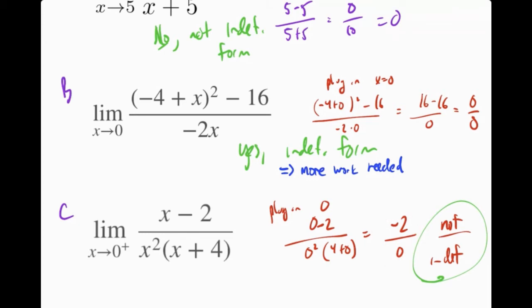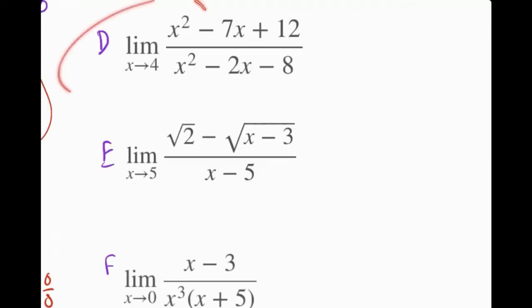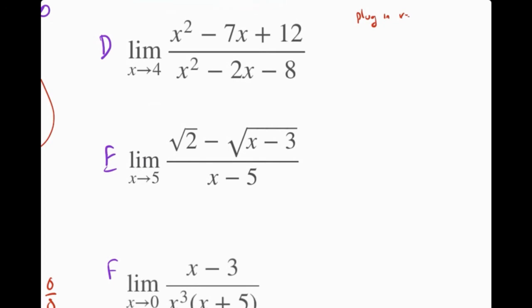Let's move on to the next one. Focusing on this one, we should be plugging in 4 for x. X equals 4. And we'll have 4 squared minus 28 plus 12 over 4 squared.